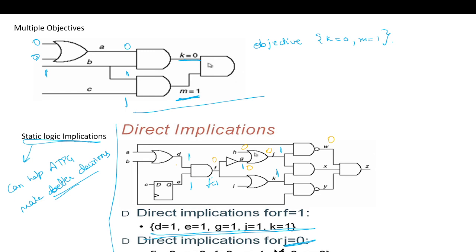Between these two, we don't know which is 0, so we can leave it. And this is 0, so X becomes 0, because if any one of the gates is 0, we get this also 0. So in this way, with one value, we can have the direct implications.